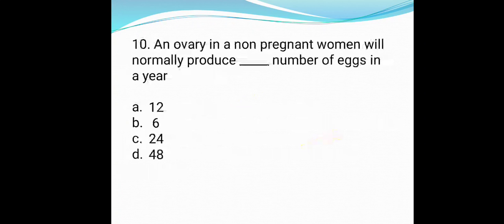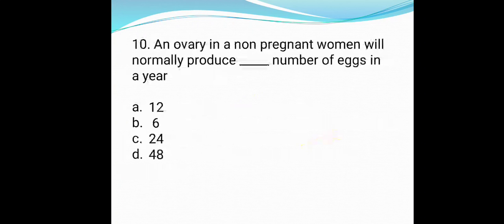An ovary in a non-pregnant woman will normally produce dash number of eggs in a year. So the number of eggs produced by a normal non-pregnant woman normally. Human females have a pair of ovaries.